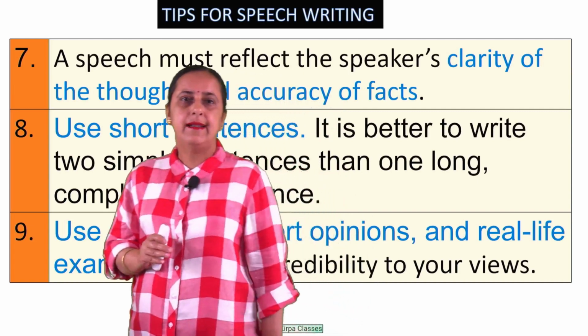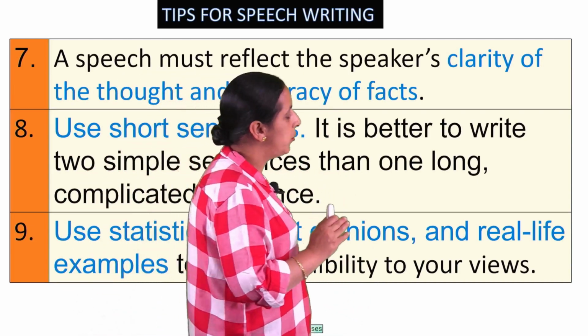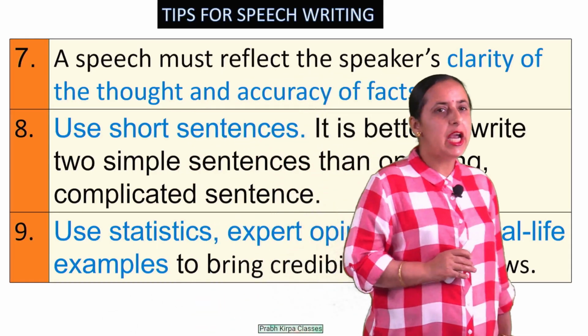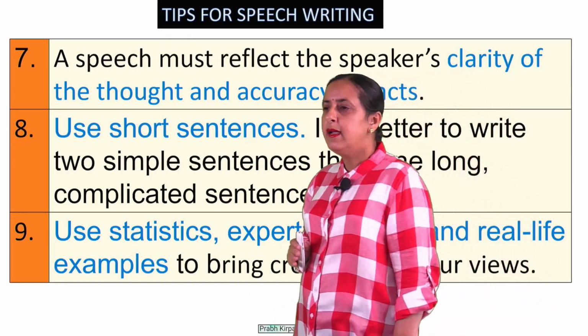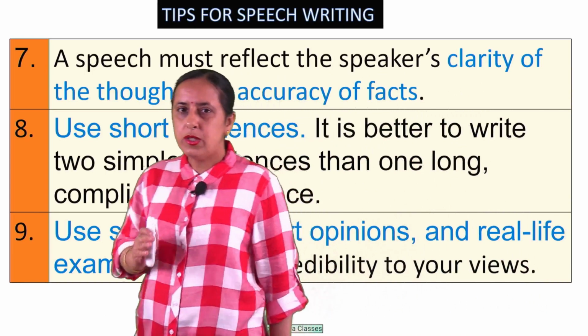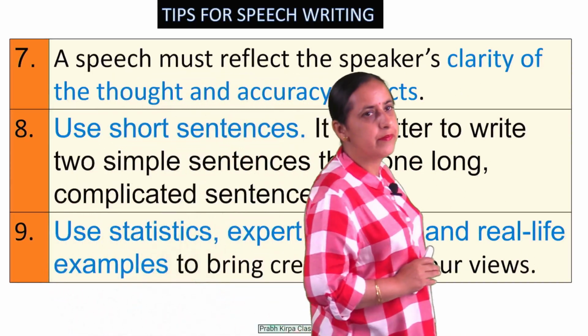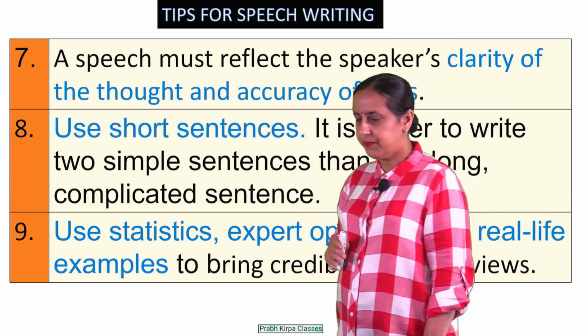A speech that is unclear can confuse and disengage the audience. If a speech is based on inaccurate facts, it can damage the speaker's credibility and can also result in public criticism.